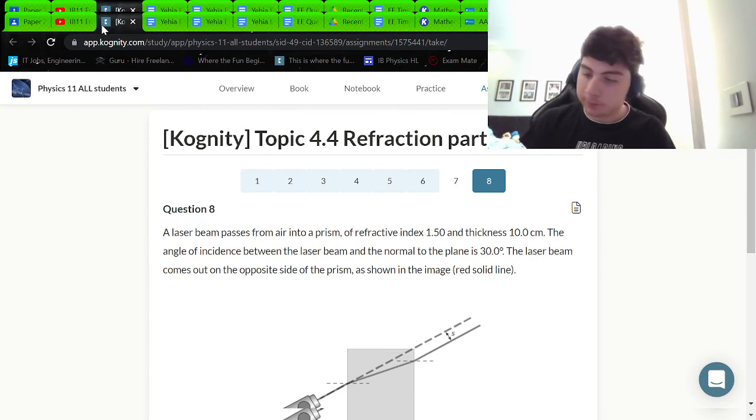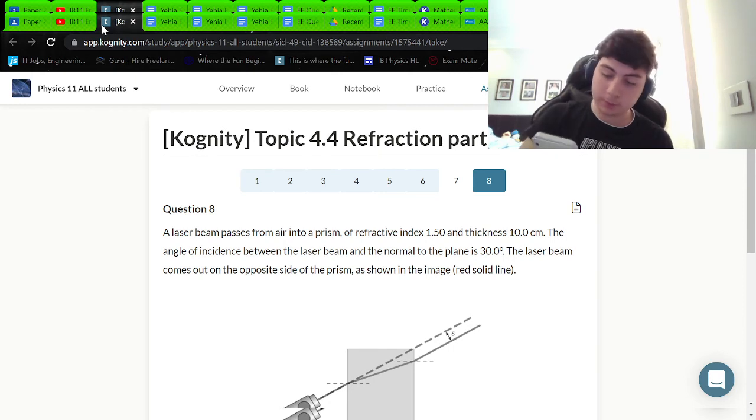So sine 30 is half, right? Yeah, it's half. And then 1 divided by 1.5, 2. So 2 equals 0.5 divided by sine theta.